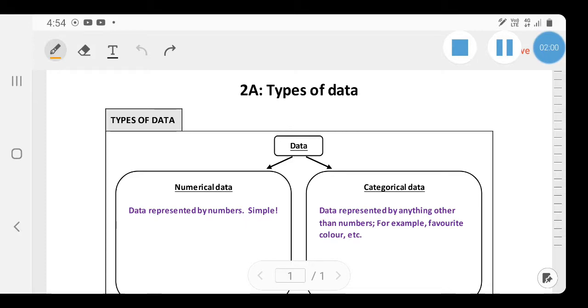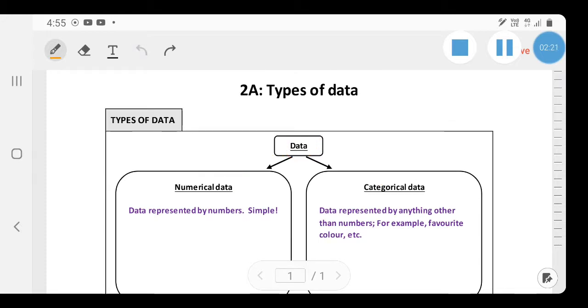And today we're just learning about different types of data. So we're classifying data, really. All right, so we have a bit of a tree diagram going on here. Data up the top, which branches off into two major types, numerical data and categorical data.